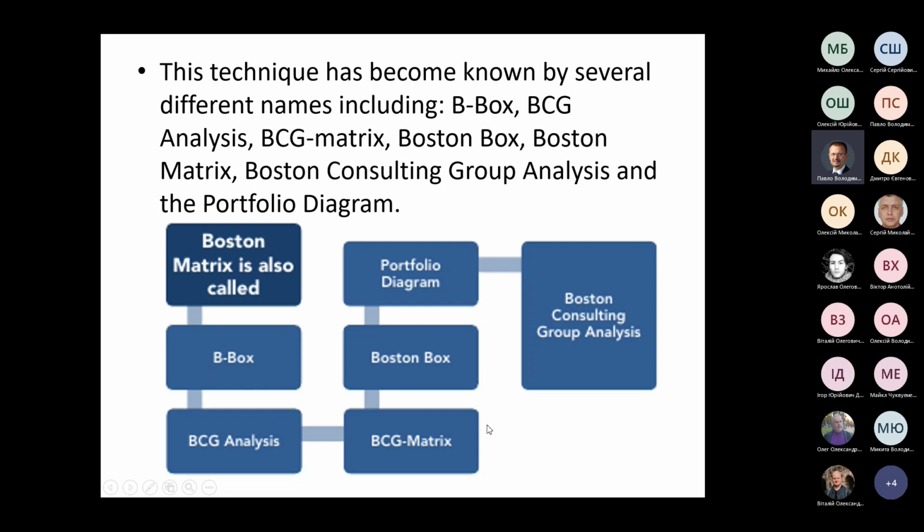In Ukrainian it's almost the same, but the main title of this instrument is BCG matrix. Ukrainian: матриця БКГ. But you can also find some other titles in Ukrainian. It is everything about the same instrument of strategic management.